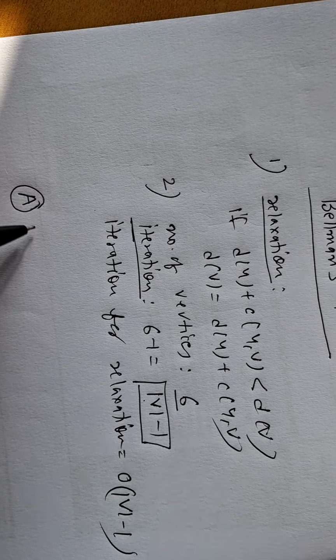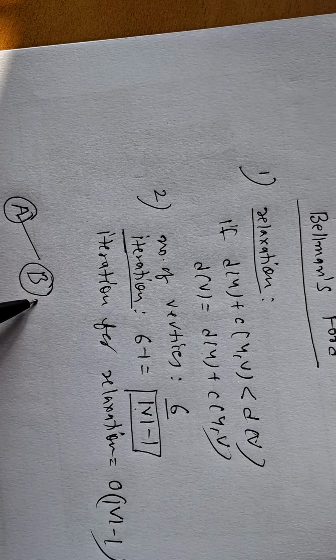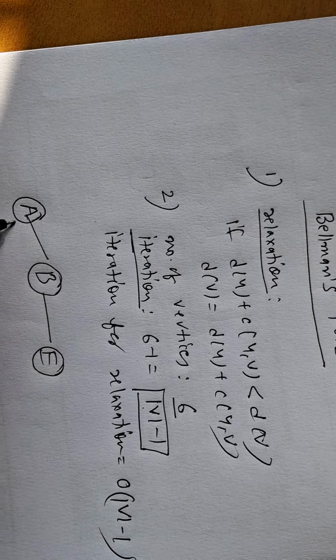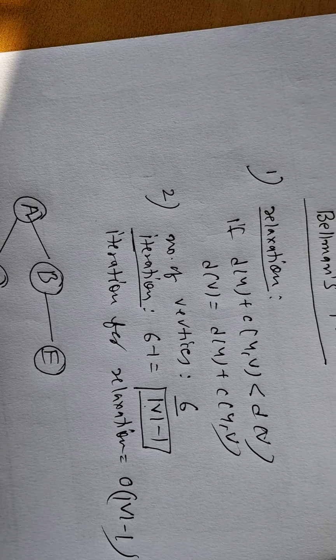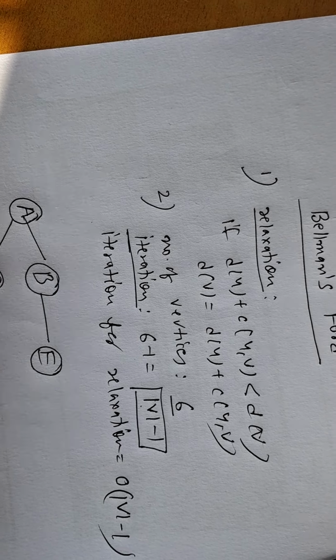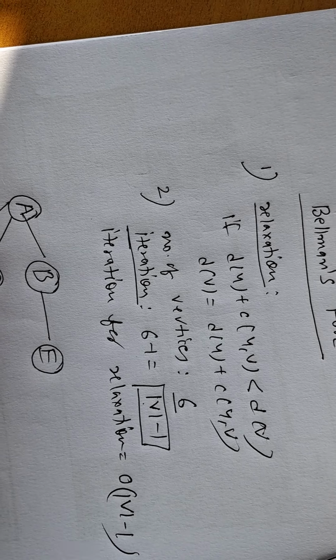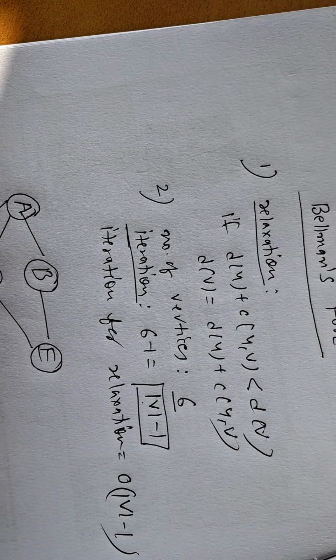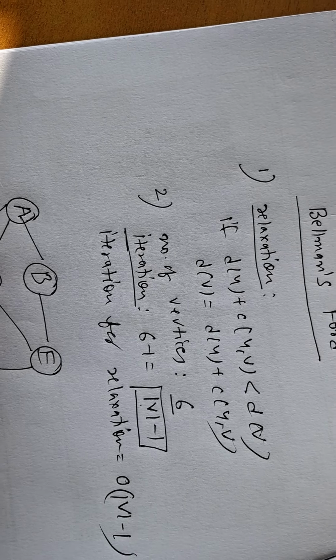So let's take one example and try to understand how basically Bellman-Ford works, even true for negative weights. So let's say there are vertices like A, B, E, this vertex is let's say C, this vertex is let's say D, and cost matrix for each of the vertex to another vertex is also given.